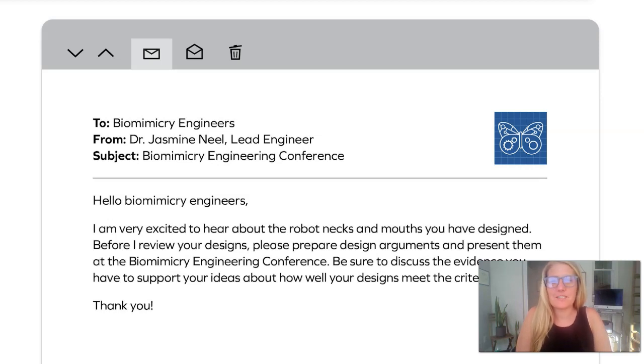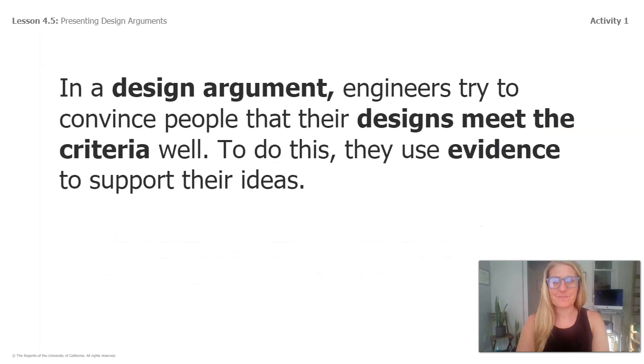The kind of argument that engineers make is a design argument. A design argument is different from other kinds. For design, you really want to make sure that what you're showing is what you know to be the best because it meets certain criteria. Here's an explanation of it as well. In a design argument, engineers try to convince people that their designs meet the criteria well.